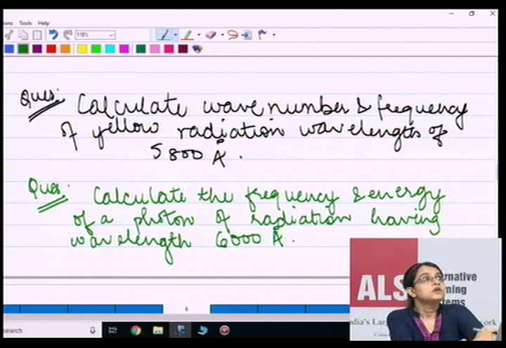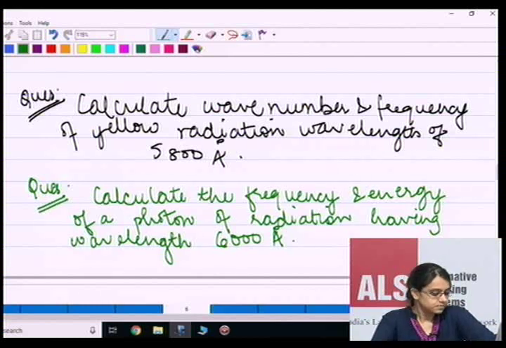Kohima, Christukula, I think you also need to check your power of 10 once. Okay, Kohima, correct. Now you have the correct answer. Christukula, can you also cross-check your answer once?